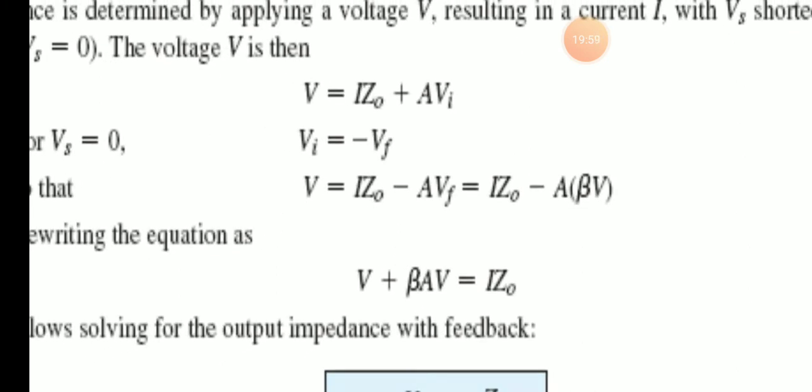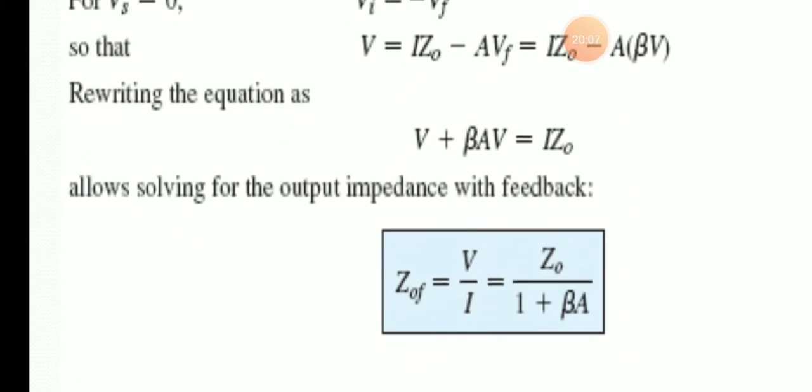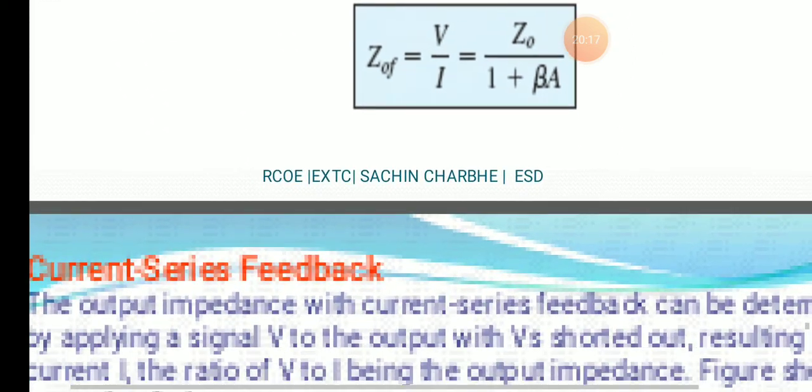Vf is nothing but beta V, so we rewrite this equation: V plus beta A V equals I Z0. After solving this, we get the output impedance with feedback, that is voltage by current, so that is Z0 by 1 plus beta A.